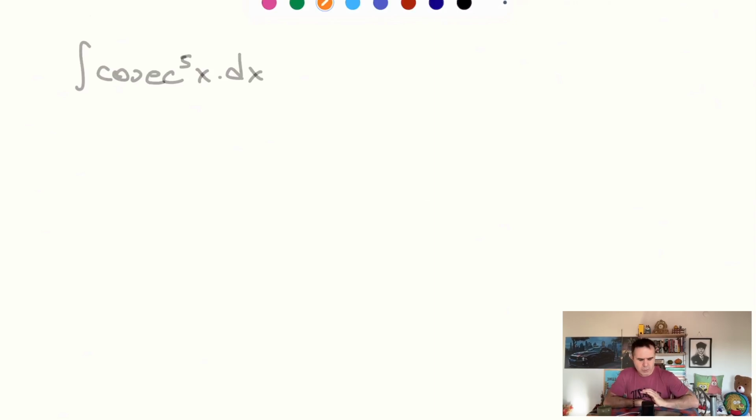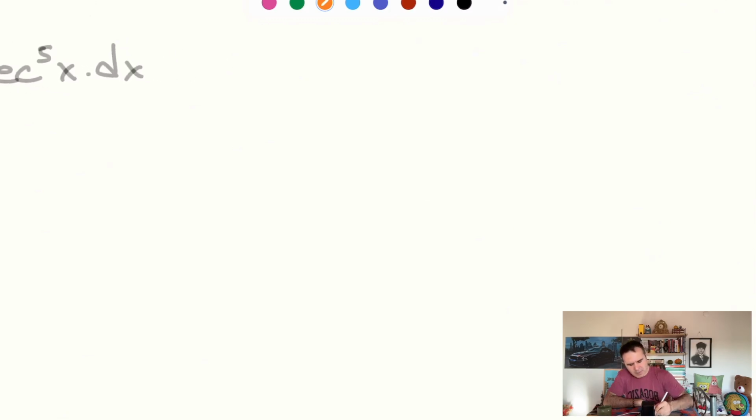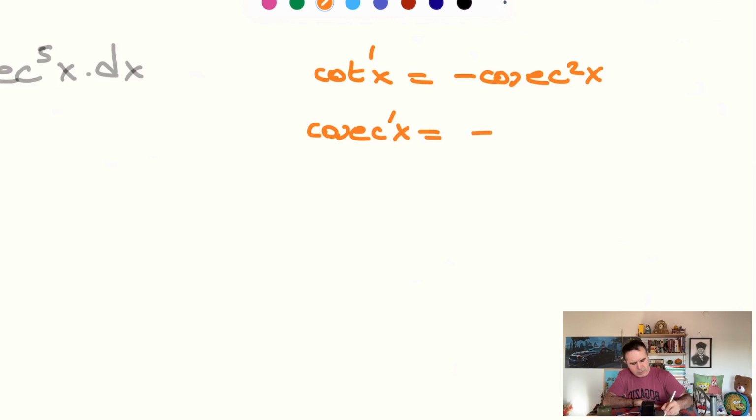In order to solve this integral, you should remember that the derivative of cotangent x is equal to minus cosecant square of x, and the derivative of cosecant x is equal to minus cosecant x times cotangent x.